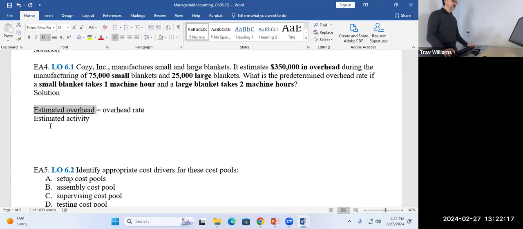That's all we have to work with. So what we have to do is first put in the estimated overhead cost and then divide that by the estimated number of machine hours. And then once you divide, you will get your overhead rate.